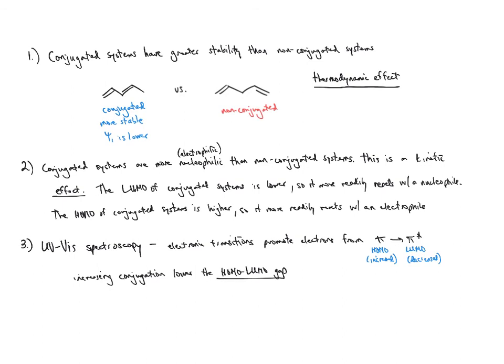So the HOMO-LUMO gap is the difference in energy needed to promote an electron from the pi to the pi star.